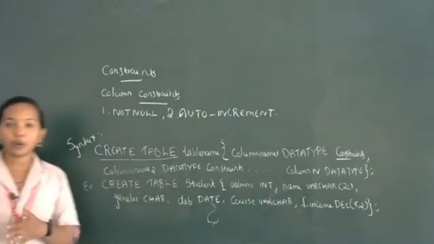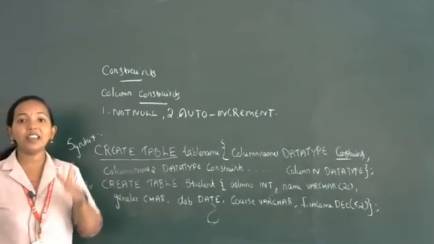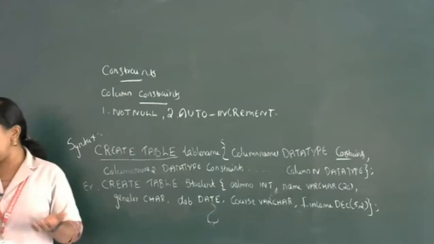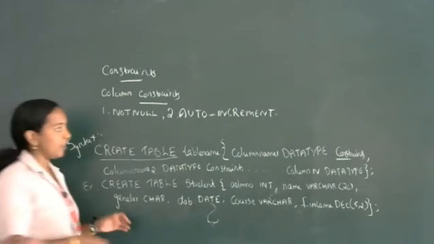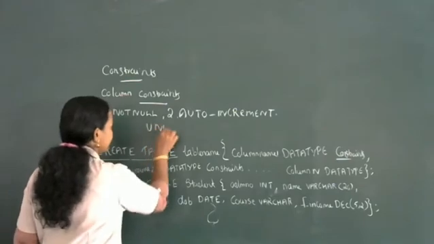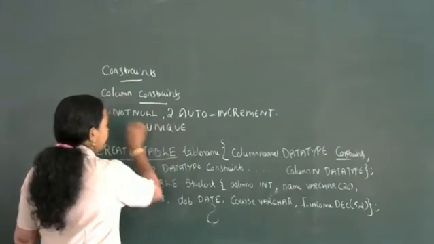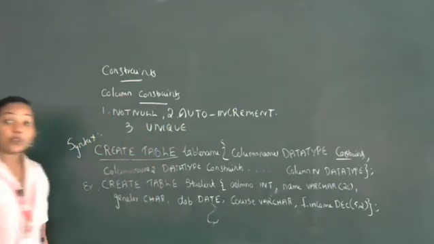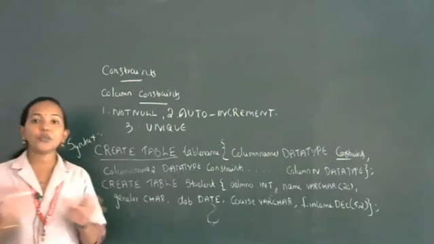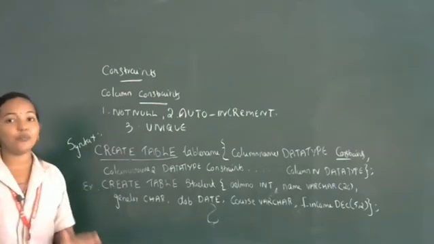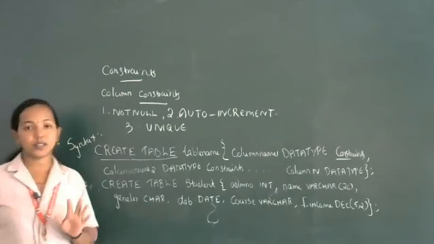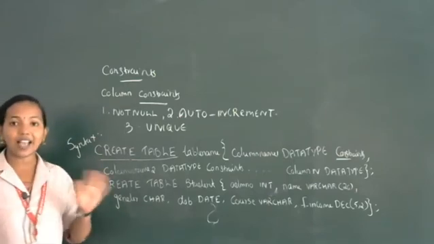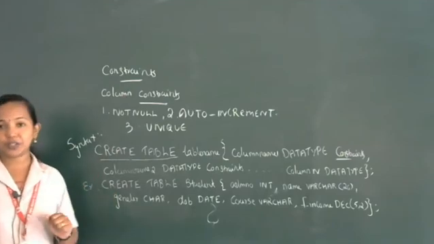For each row it will add by 1. Then the next one is unique. The third column constraint is unique. That means no two rows have the same values. Duplication is not allowed in two rows.